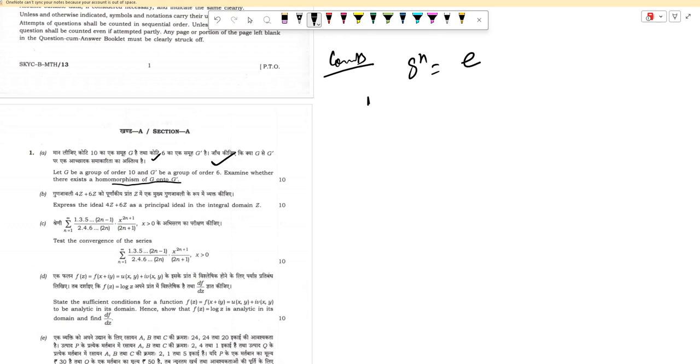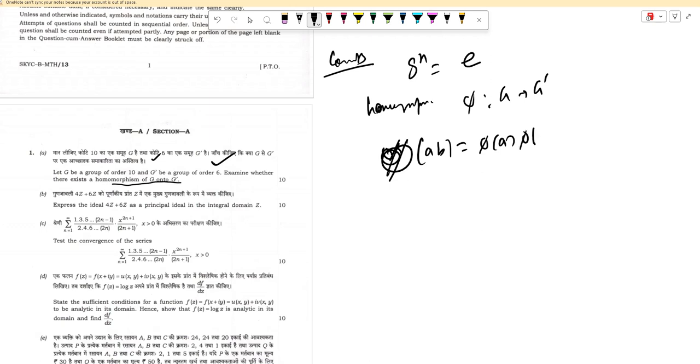If it is a homomorphism from G to G prime, it maps the elements of G to the elements of G prime such that the group operation is preserved, like phi of AB is phi A into phi B, where A, B belong to G.